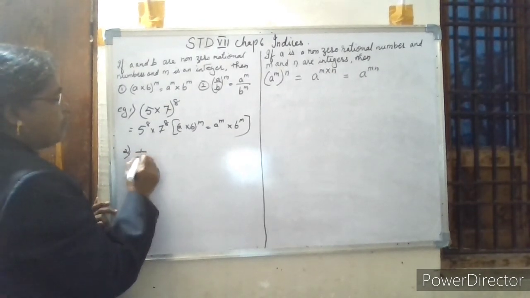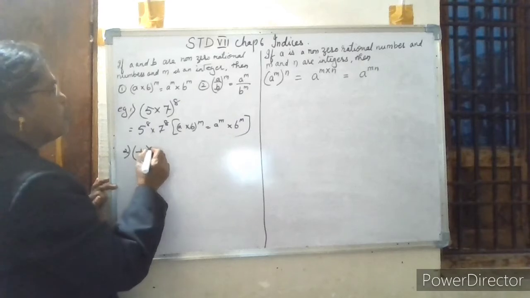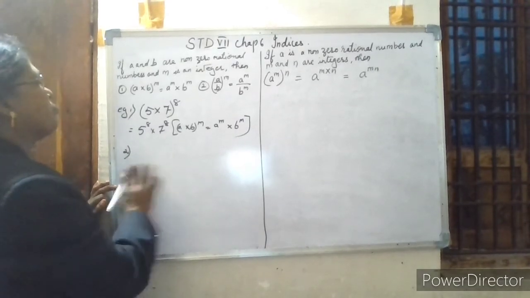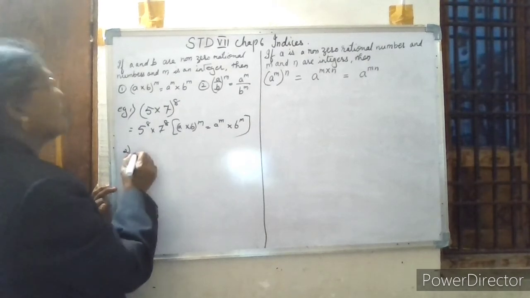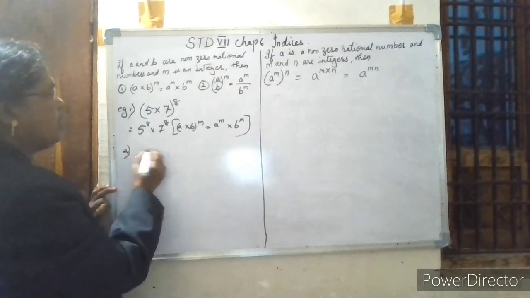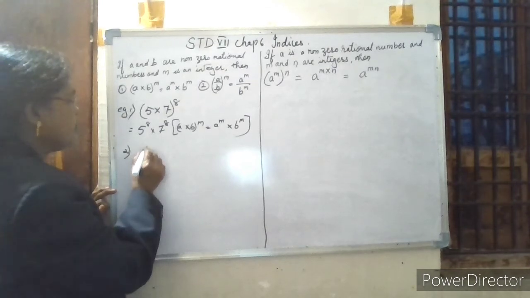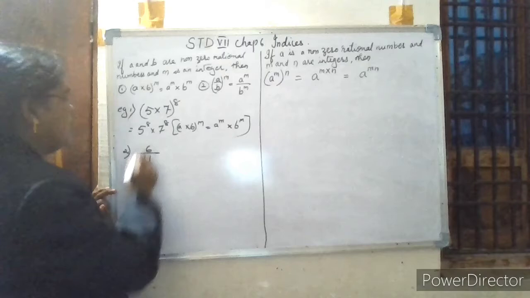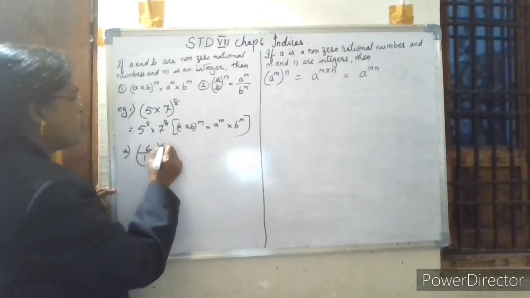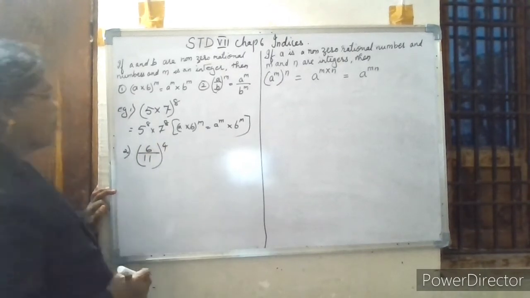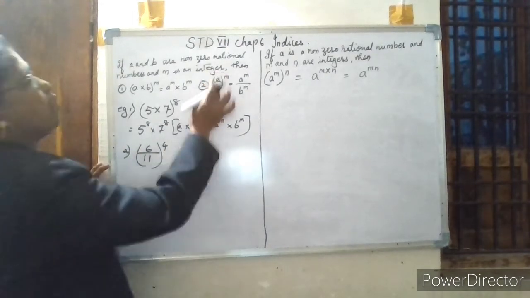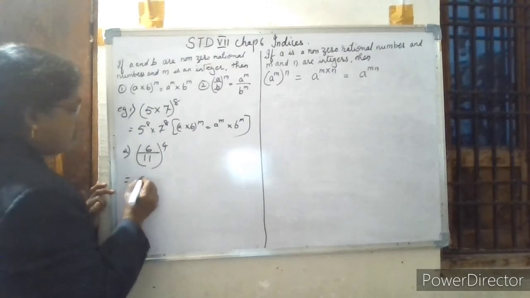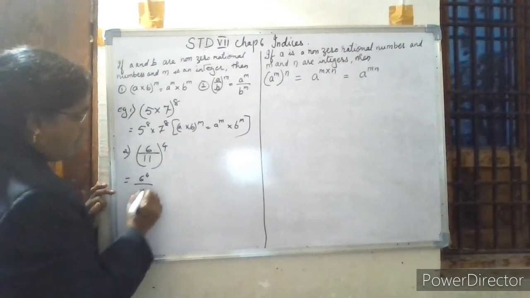Example 2: if it is given 1 by 5, the whole raised to... suppose 4 is given, 6 by 11, that is A by B, then this is equal to 6 raised to 4 upon 11 raised to 4.